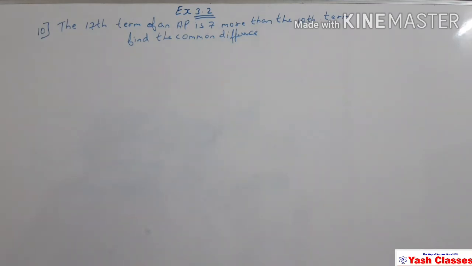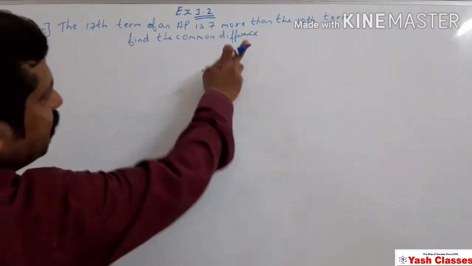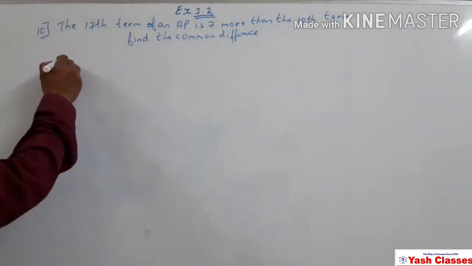Exercise 3.2, sum number 10. The 17th term of an AP is 7 more than the 10th term. Find the common difference.